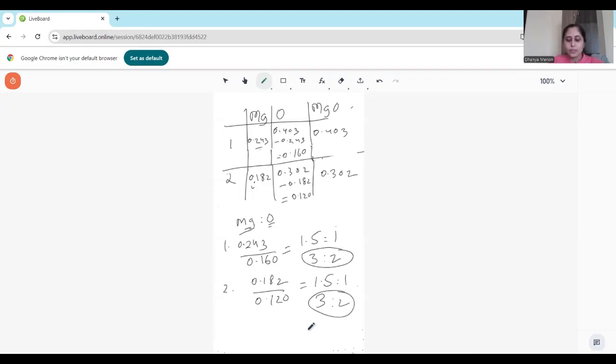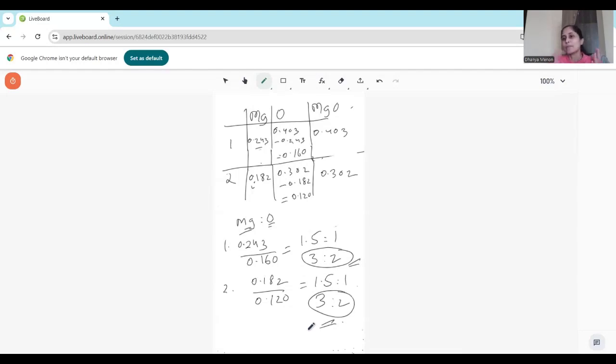So students, here you can see in the law of definite proportion, we take the ratio between the masses of the reactants. Here magnesium and oxygen are the reactants. In experiment 1, we took the ratio between magnesium and oxygen. In experiment 2 also, we took the ratio and we saw that both are the same. So irrespective of the source, the elements combine in the same ratio by mass.